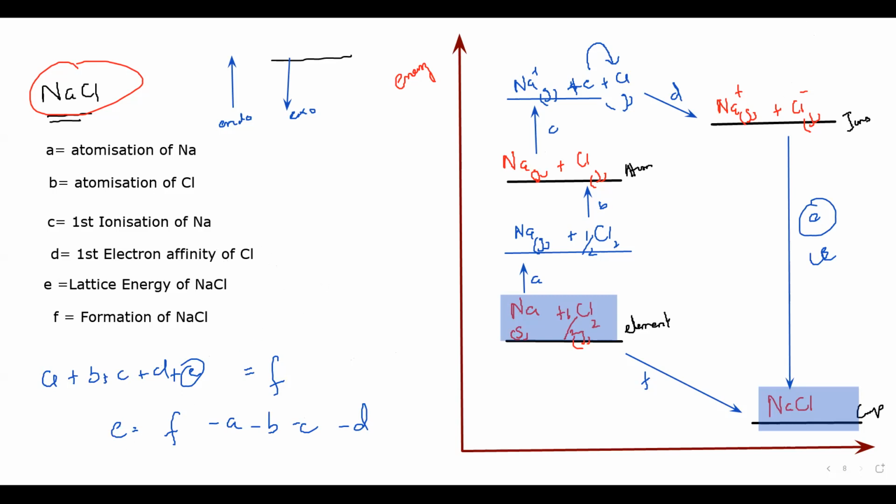We'll substitute the values later, but right now we're not substituting values. We are constructing an equation for a Born-Haber cycle for sodium chloride. Is it clear?